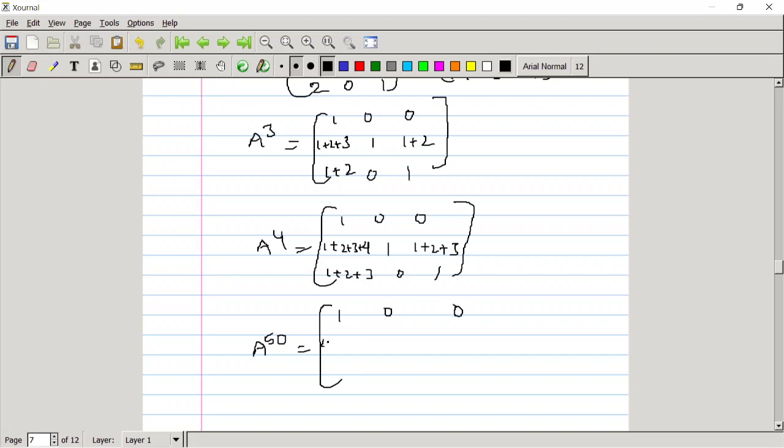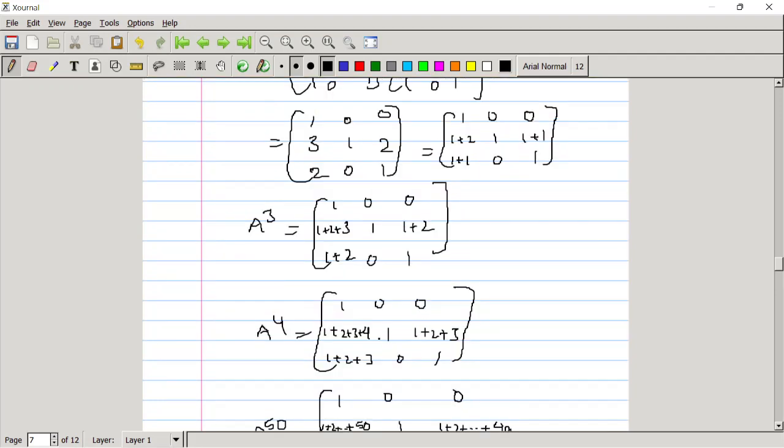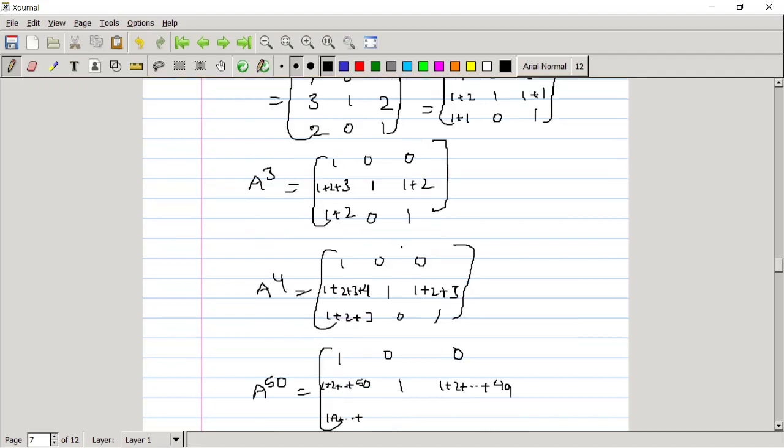Here we will get 1 plus 2 and so on up to 50. 1, 1 plus 2 and so on up to 49. Here also 1 plus 2 and so on up to 49. Is it 49? No. Just let me calculate the value of A power 4, then we will get some idea.